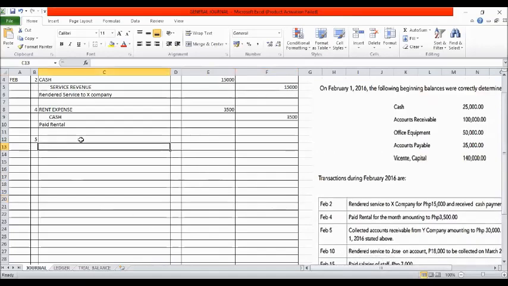Ano kaya ang i-debit natin? Nagbayad siya ng utang, so ano ang natanggap natin? Cash. Very good. Since nagbayad siya ng utang, i-debit natin yung cash. Ano ang i-credit natin? Nabawasan yung mga pautang natin.